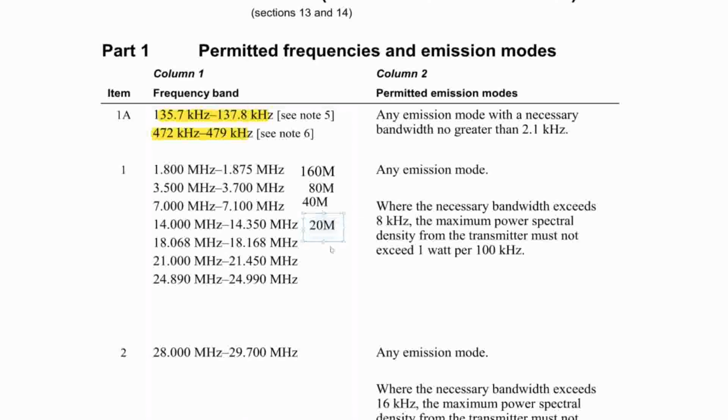The band doesn't define exactly the frequency limits. Let me just see. What's the mean between 14 and 14350? It's about 14.2. So let's try it. 300 divided by 14.2 comes out to 21, and you round it down, 20 meter band.